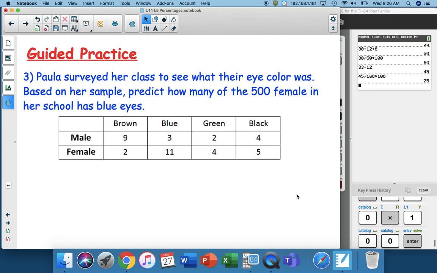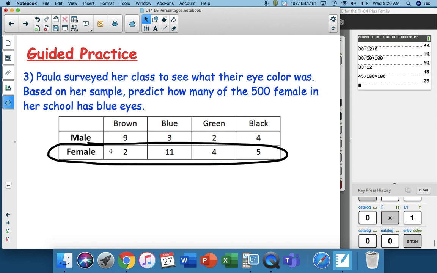They gave you a random survey, not of everyone, just of a few kids. We're only focusing on the females, because her question says predict how many of the 500 females. So the males don't matter. How many females have blue eyes on this survey?